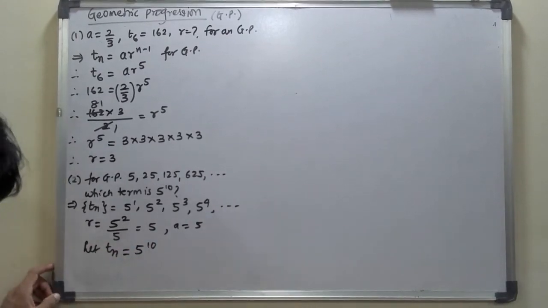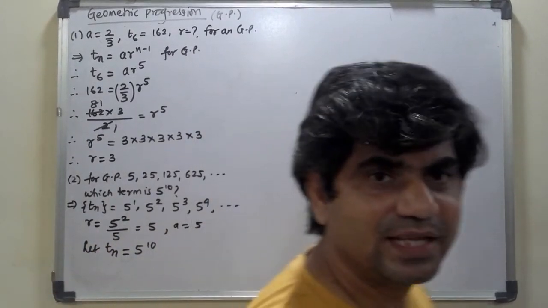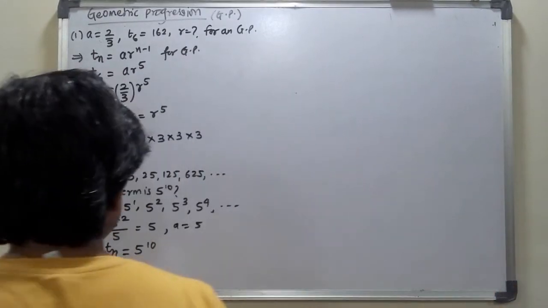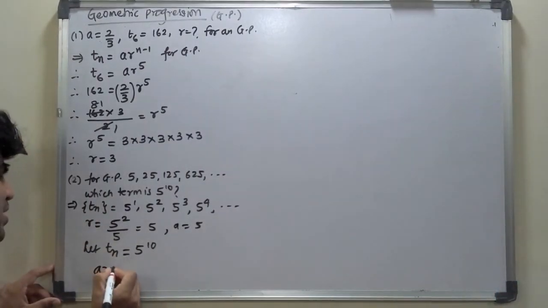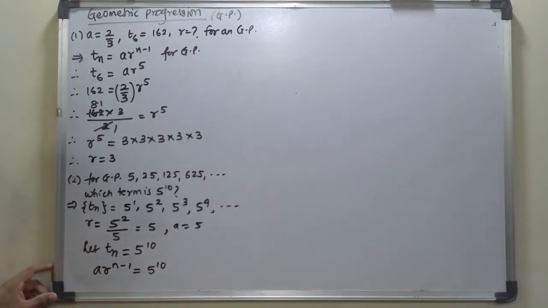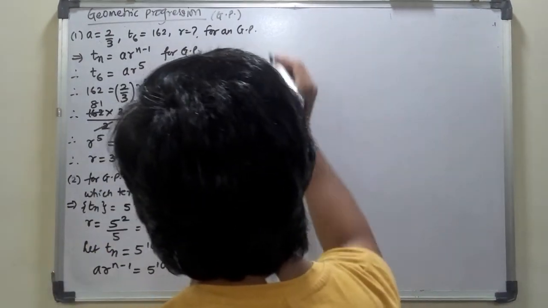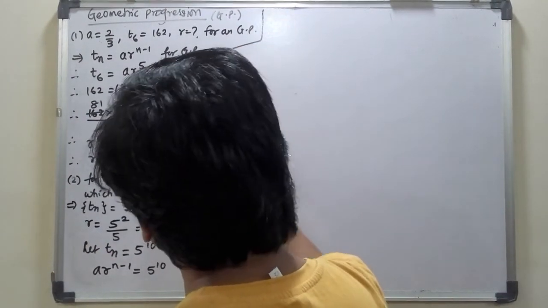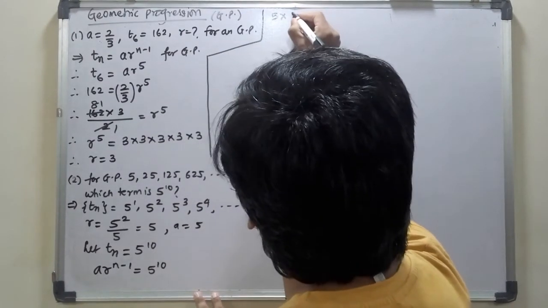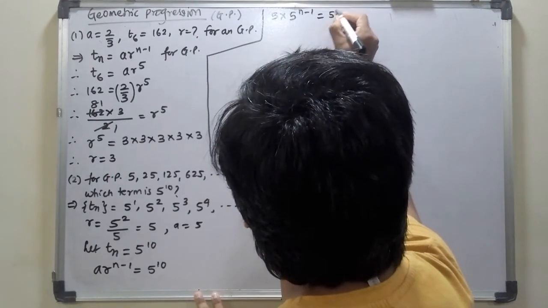Right? Now the formula for the nth term you know very well for a GP. The nth term is nothing but AR raised to n minus 1. So this will become AR raised to n minus 1 is 5 raised to 10. Now A already is 5, and R also is 5. So 5 into 5 raised to n minus 1 is 5 raised to 10.